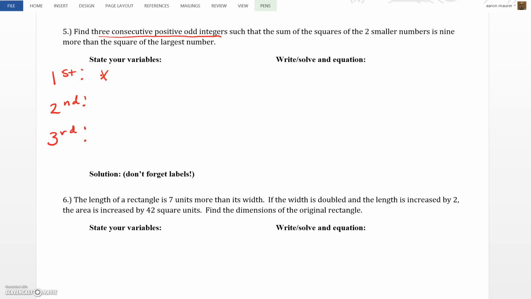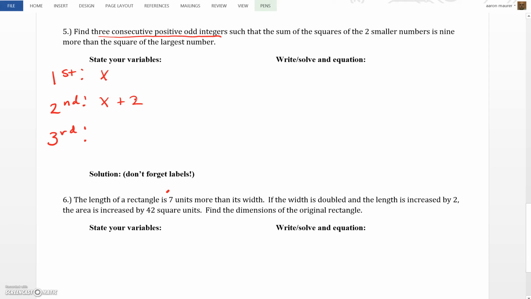If 13 was the first number, in order to get to the next positive odd number, I add 2. That's how we're going to represent the second one. It is x plus 2. As long as your first number that you're starting with is a positive odd number, if you add 2 to it, you'll still get another positive odd number.